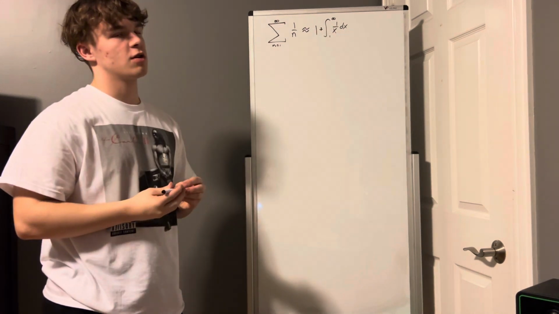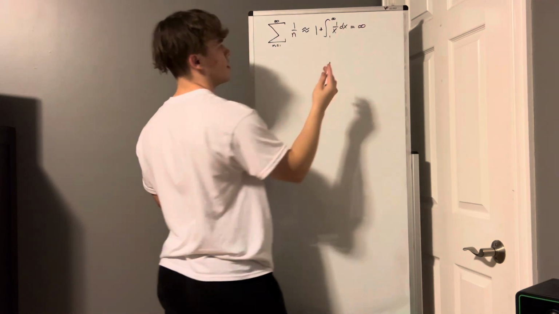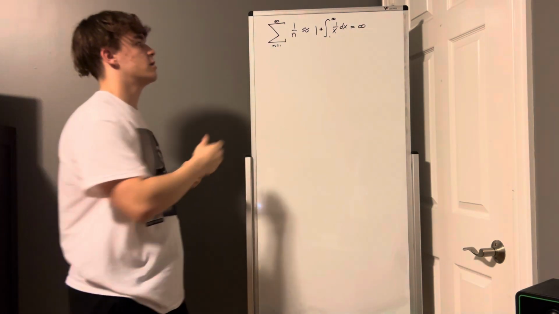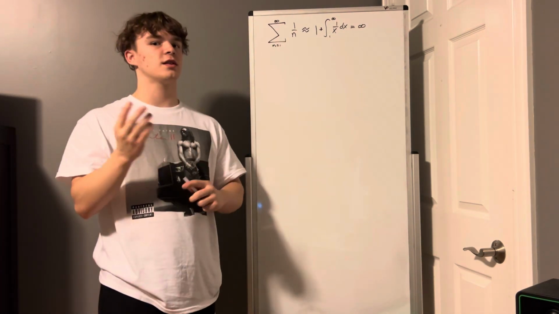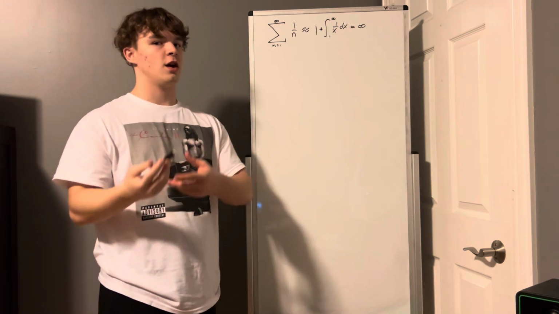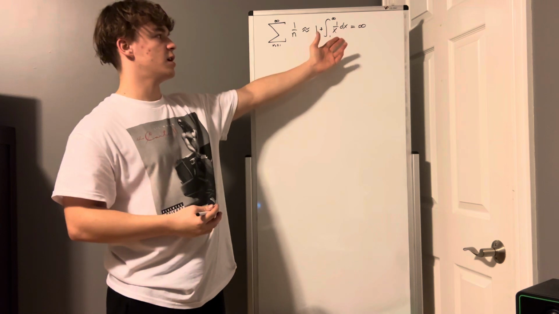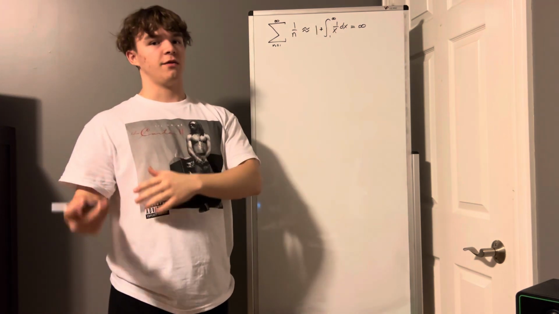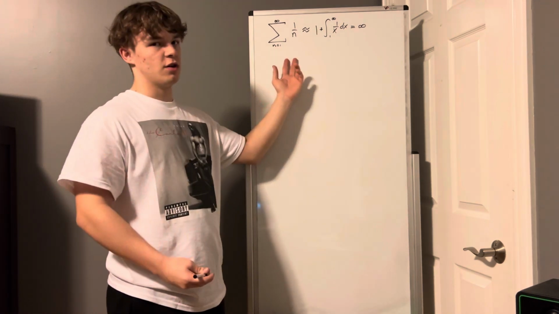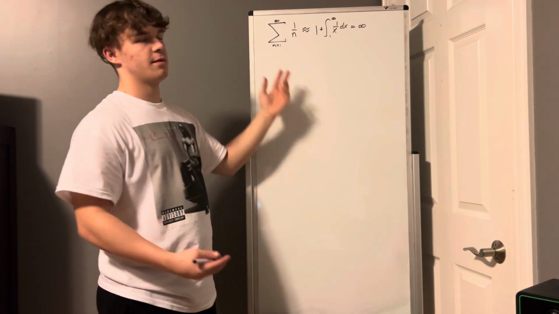We know this integral is infinity, and so what we're going to get is infinity. So this can tell us if this is a divergent series. It also can tell us if it's convergent: if this integral is divergent, this sum is divergent. If this integral is convergent, this sum is convergent.